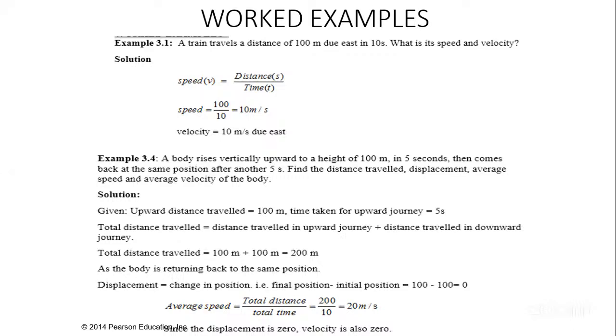Now the second question: a body rises vertically upward to a height of 100 meters in 5 seconds, then comes back to the same position after another 5 seconds. Find the distance traveled, displacement, average speed, and average velocity of the body.